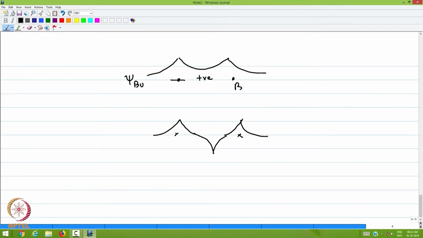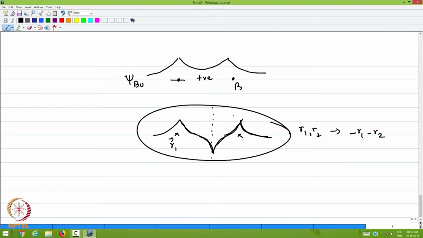Two atoms here, you see that this wave function, r1, also takes the negative sign, and you see that the electron density also has a nodal plane. You can see that this is positive, negative, r1, r2. If you change the sign to minus r1, minus r2, this becomes negative.